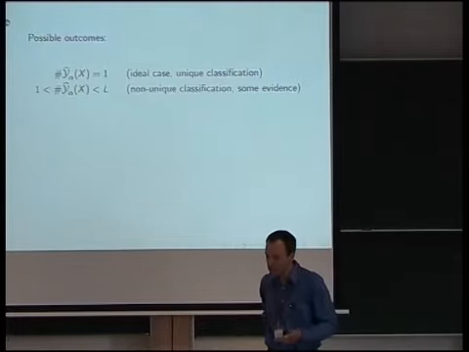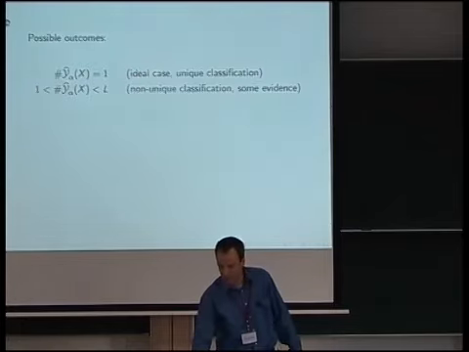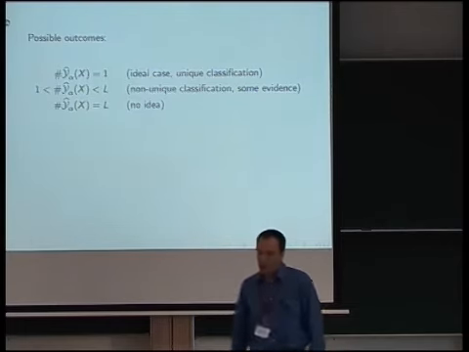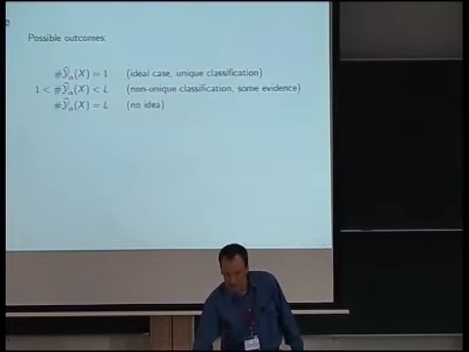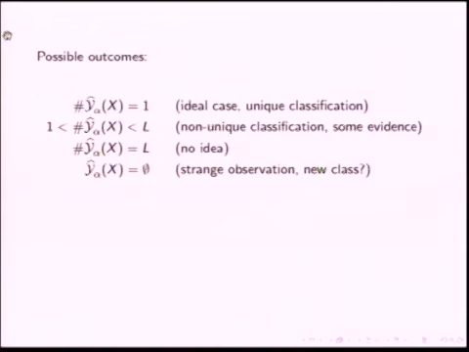You have some evidence, so you can exclude some possibilities, but not all but 1. The worst case, of course, is if all p-values are greater than alpha, then you have no idea what's going on. It's also possible in some settings that your prediction region is empty, and that may indicate that you have a strange observation. Maybe you have observed a new class which you haven't been aware of.